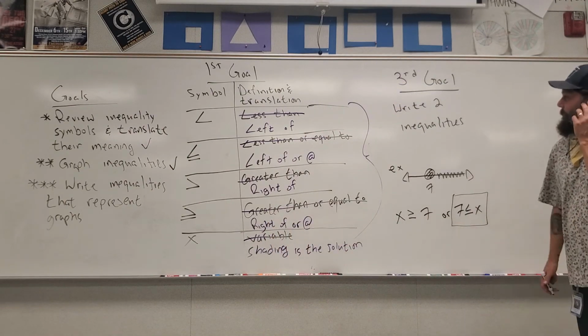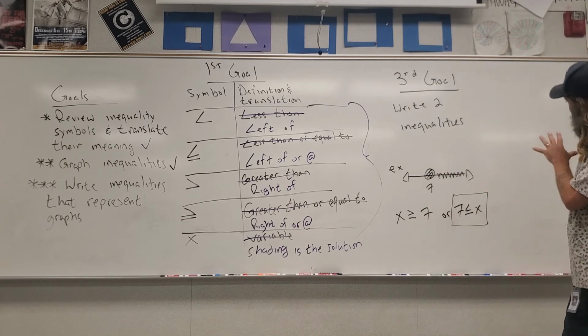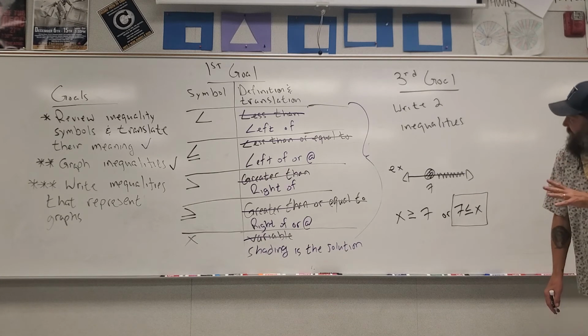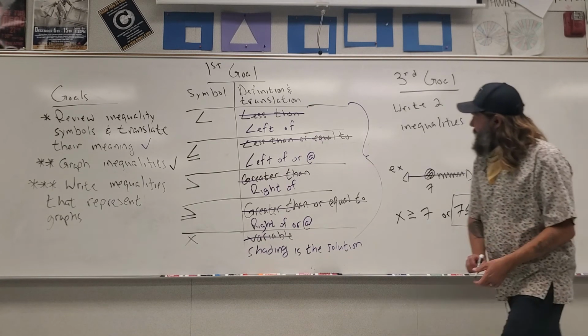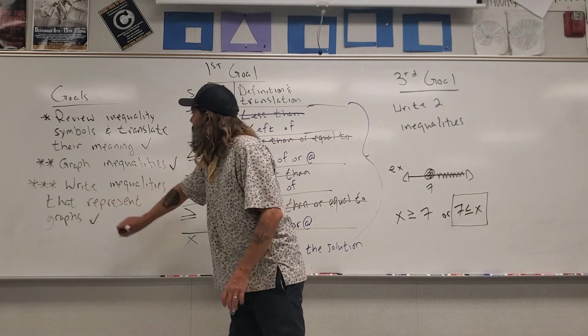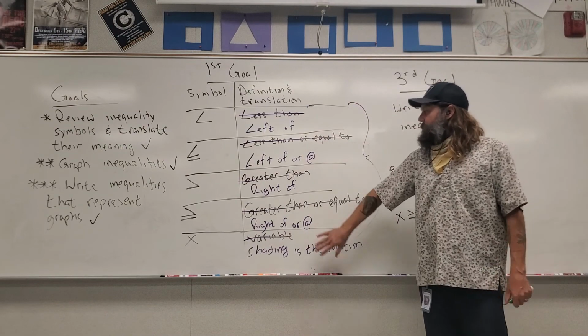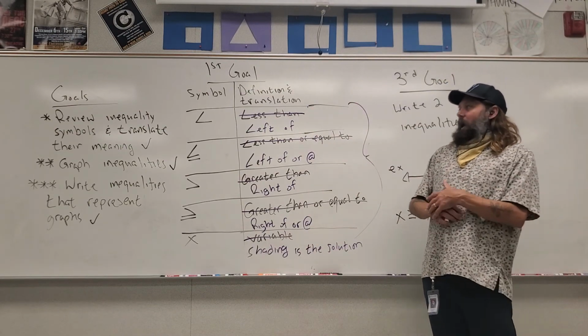But again, this goes back to all about just describing what we see. Okay. So I'm going to say that I did hit my third goal of writing inequalities that represent graphs. Let me check that off and just review what we did. Inequality symbols, I translated them. They're just describing position.